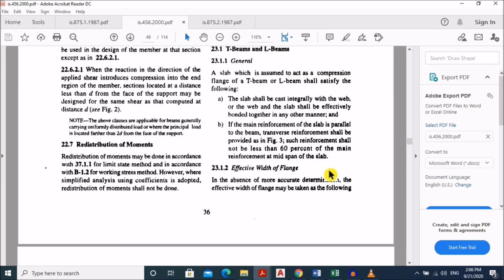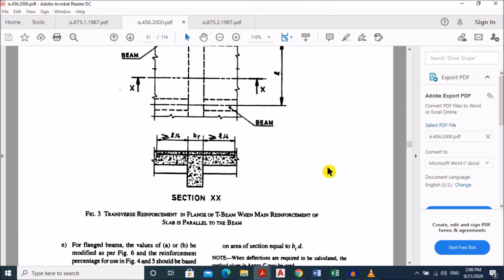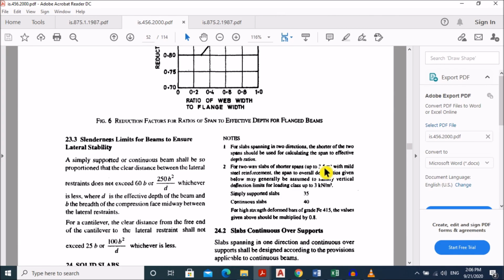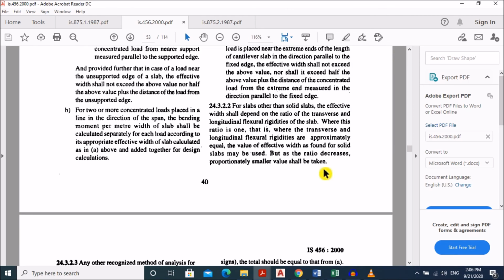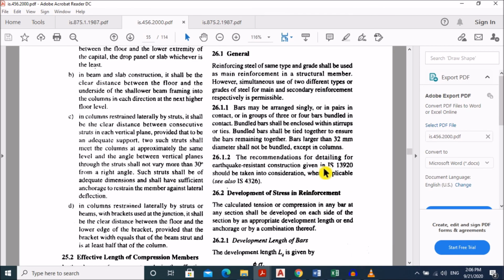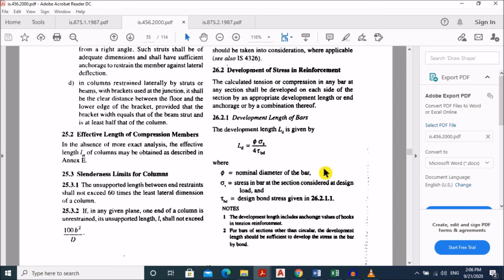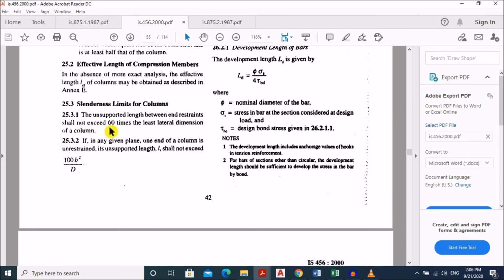We have to go to page number 43 of IS 456, right? This is the development length equation.